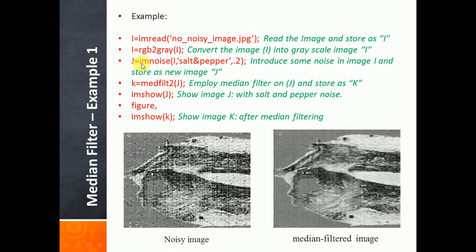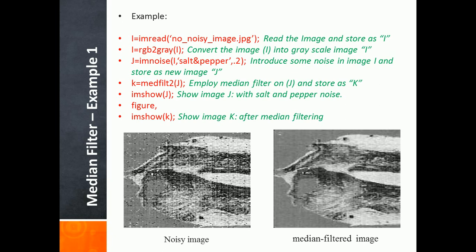So you introduce that with image noise, where you take the original image and you mention what kind of noise you want to put in, and then you pass it through a median filter, and you're storing it to a different image, and then you show the original image with the noise and the median filter. Notice the noise reduction has been done, and it doesn't have that bad blurring, the same that we saw with the low pass filter.